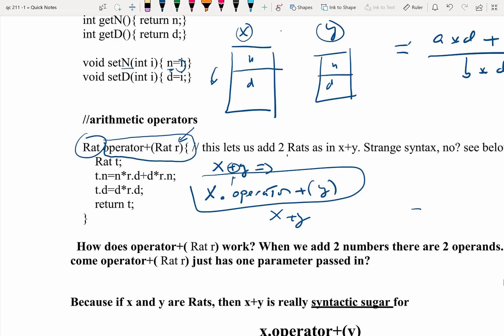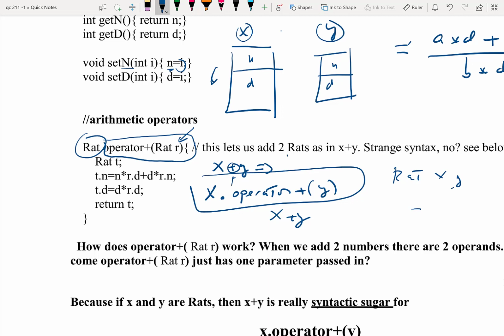So when you see x plus y, the compiler is going to say, well, I know what x and y are in this context. They are rational numbers, because you said rat x, and you said rat y. So these are two rational numbers. It looks into the rational number class and asks, is there an operator plus defined?